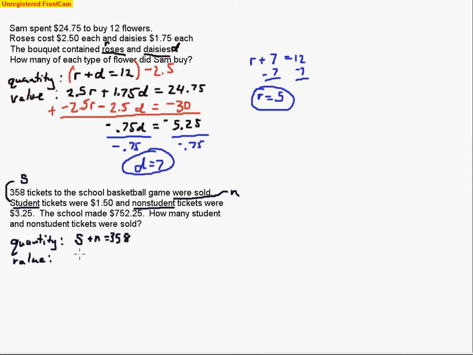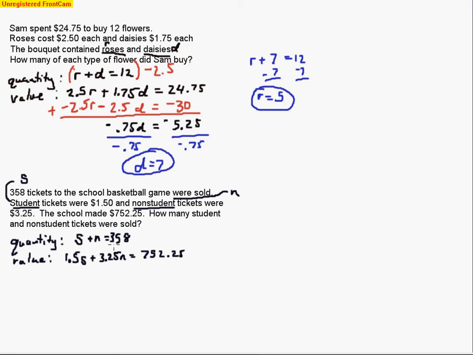That was the number of people who ended up attending. And then we have the value equation. The value is $1.50 for students, so 1.5 S, plus $3.25 times the number of non-students equals, and then the total taken was $752.25.